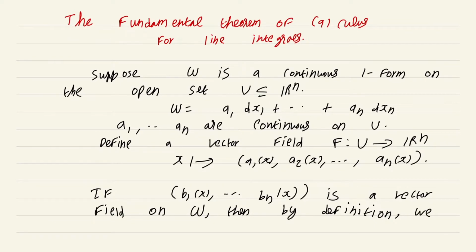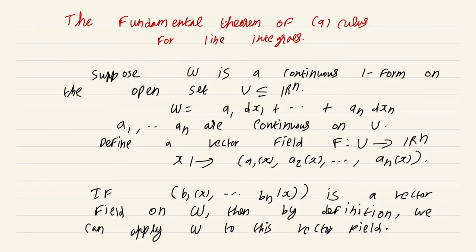Recall that a differential one form eats a vector and spits out a number. This vector field for each point x in U produces for you an arrow, a vector. Omega can eat this vector and produce for you a number at each point.